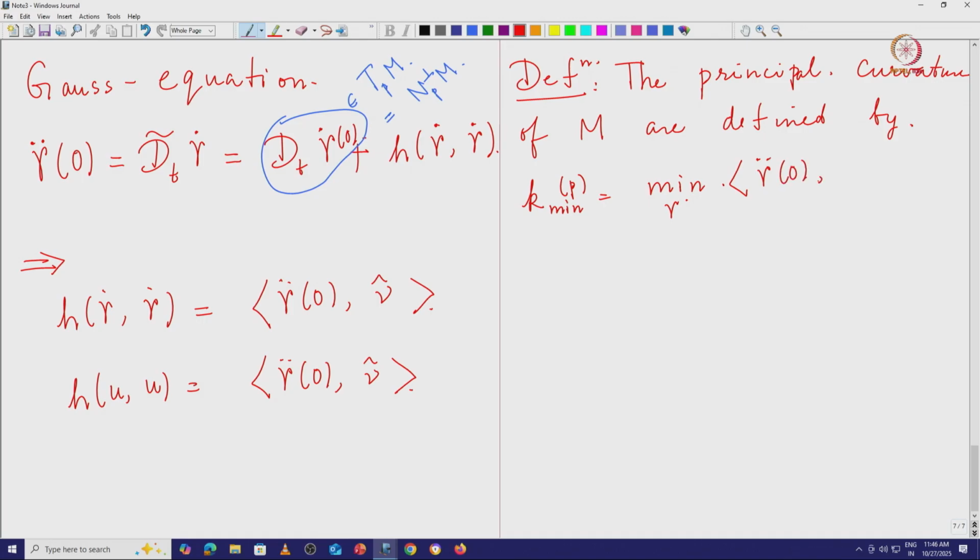So you take the component of the acceleration vector along the unit normal, but then you also want to normalize for the speed of gamma. Okay. Similarly, K max is the max.